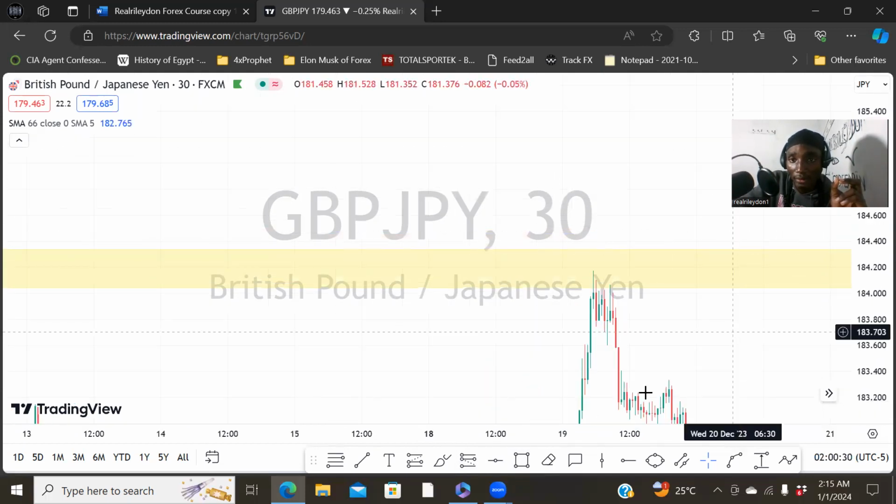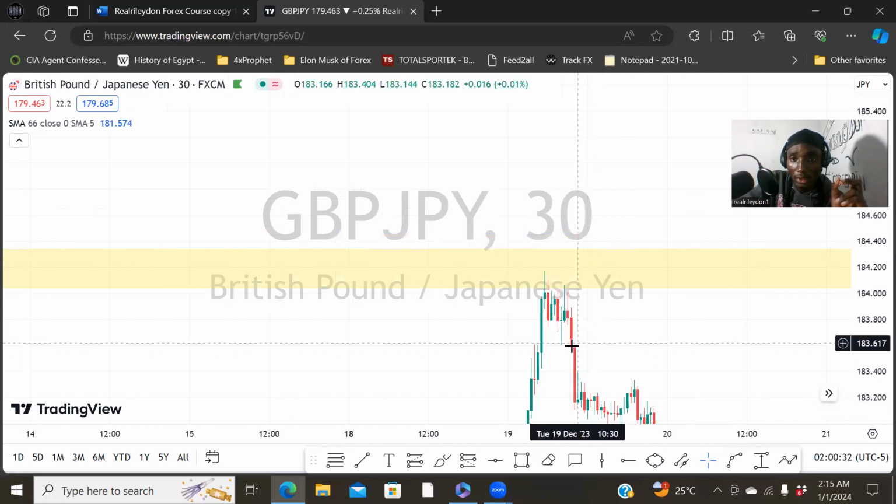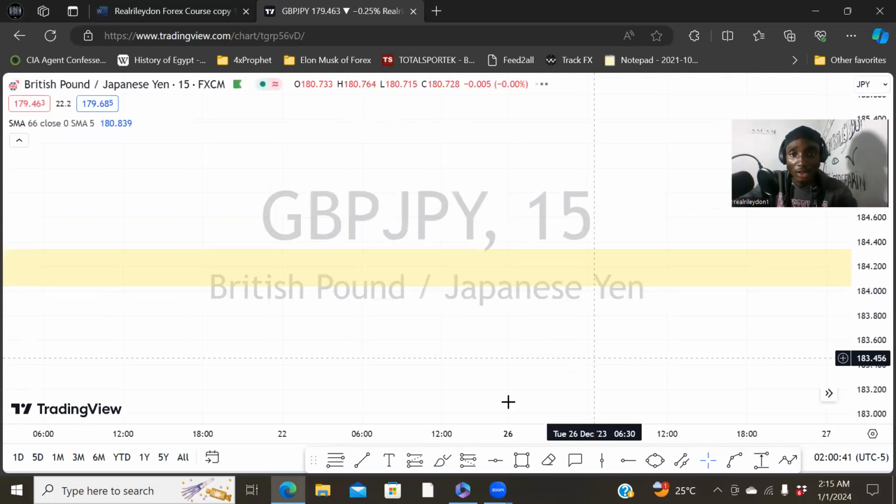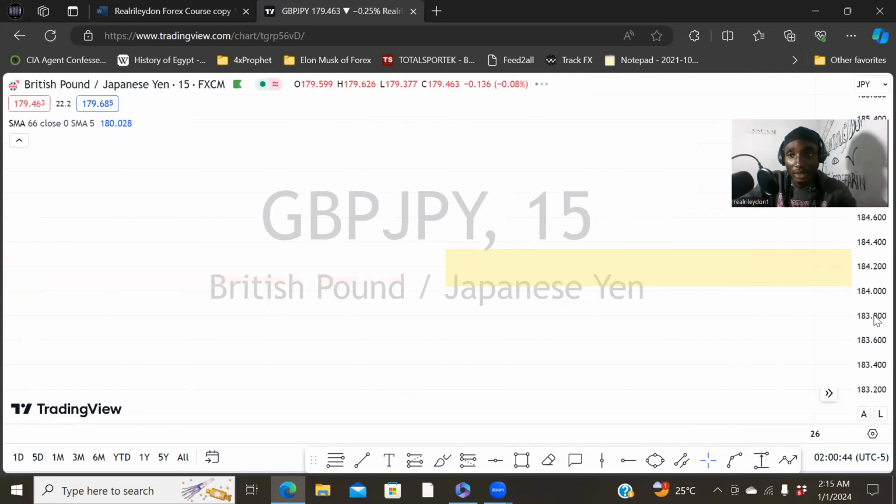So now right here, I'm gonna check my 15-minute time frame to see if there's any bearish engulfing right there where I could enter this trade.